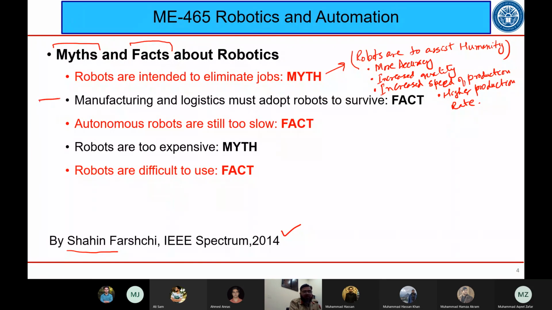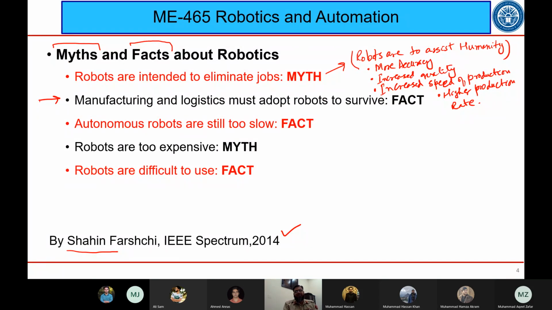is written here as manufacturing and logistics must adopt robots to survive. Now, this is a fact. Can you link it with myth number one? I have written these four things with it as the answer to the myth.